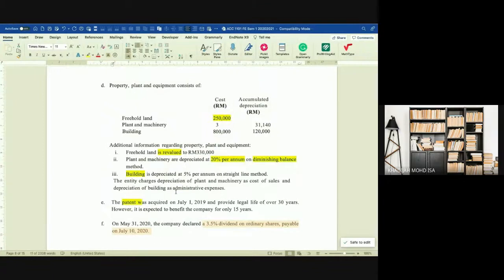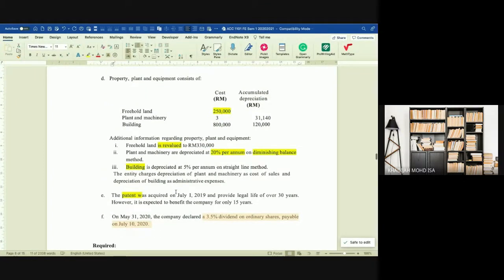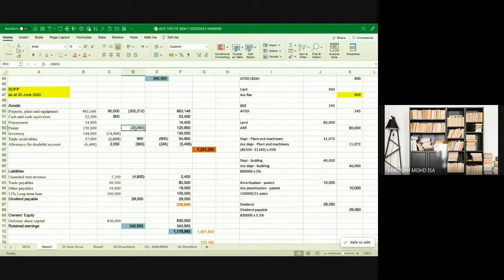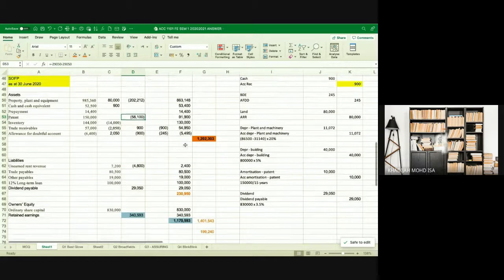There's opening patent. The patent was acquired in July 2019. So that means now it's 2020. You already have a balance. You already have 29. That is the accumulated figure, minus 29,050. Is it? Oh, still not getting it.